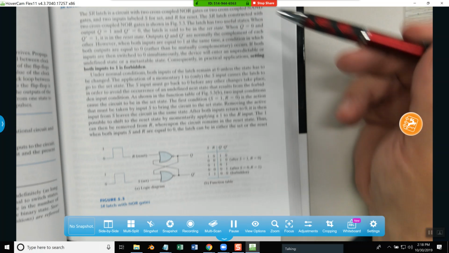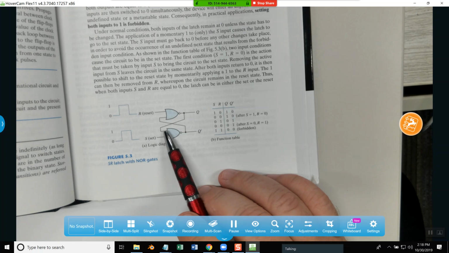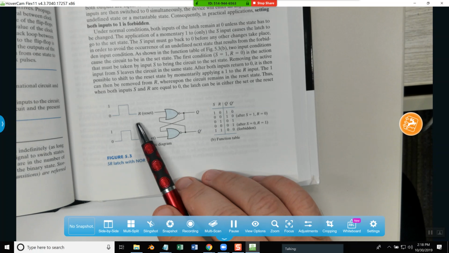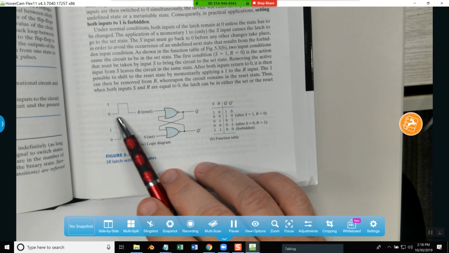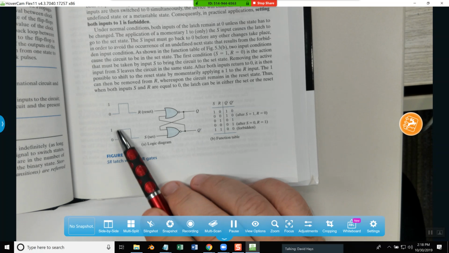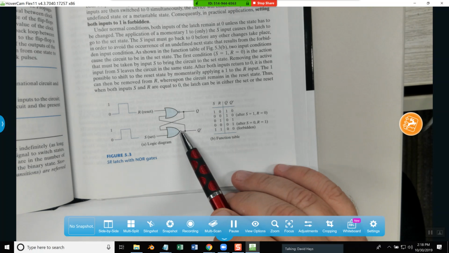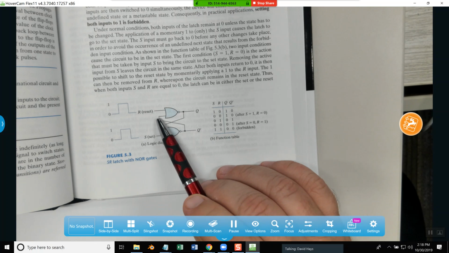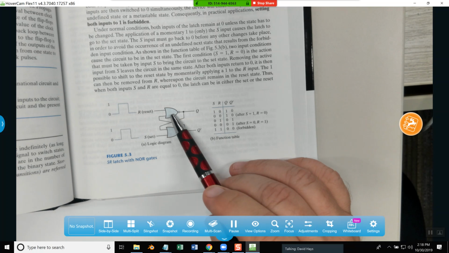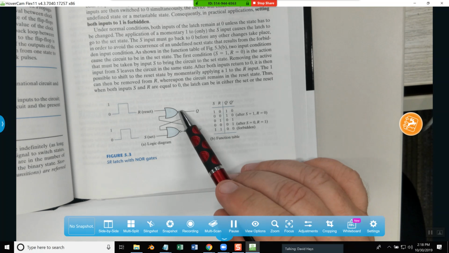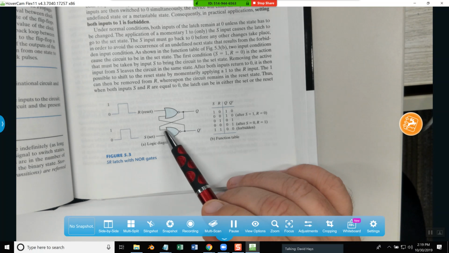Now, recognize how this works. We got R coming in, we got S coming in, but the output from S has to go back around and become the input for the R. The output for R has to come around and be the input for S. Let me think about this. Q is 1.